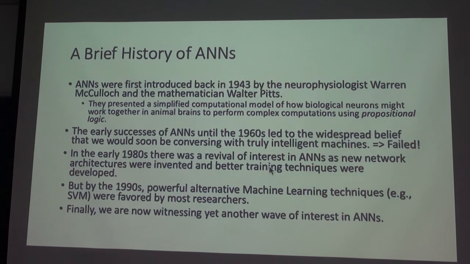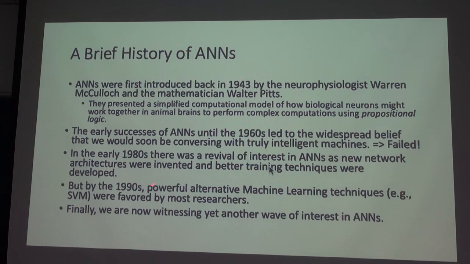Again, a lot of people thought that in another 10, 20 years you would see a robot that can think and act just like a human. But unfortunately, the second surge of AI or ANN failed again.